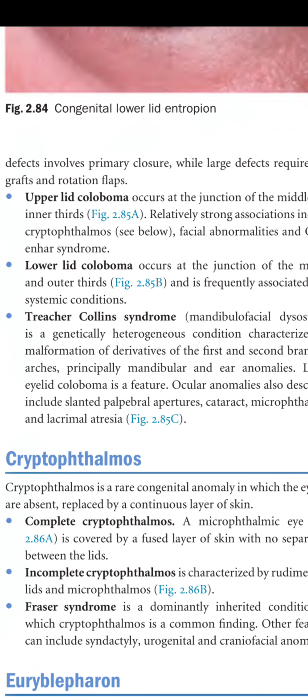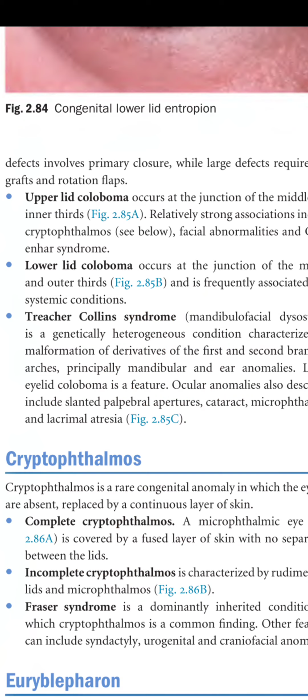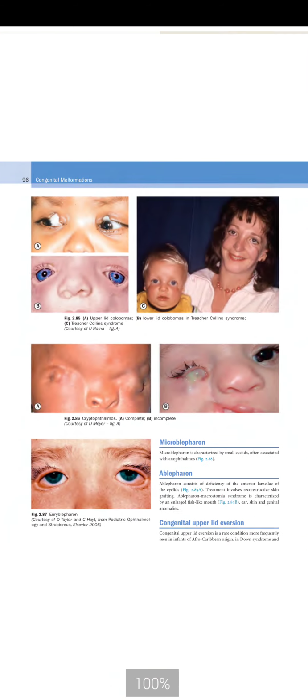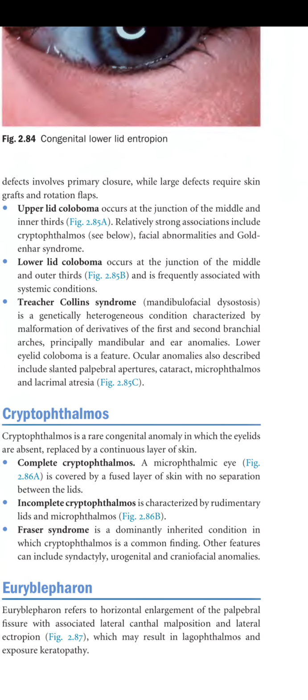Basically, in a case of upper lid coloboma, the lid defect is at the inner third and the middle third of the lid. But in case of the lower lid coloboma, it is usually the outer third that is affected. Lower lid colobomas occur at the junction of the middle and the outer third and are frequently associated with a systemic condition.